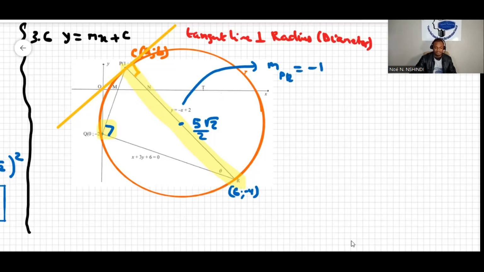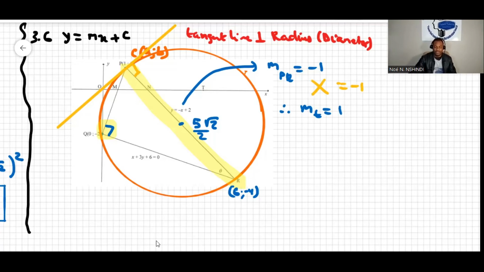Therefore the gradient of the tangent will be +1, excuse me, because the product of the two must be equal to -1. That's the condition to have perpendicular lines.